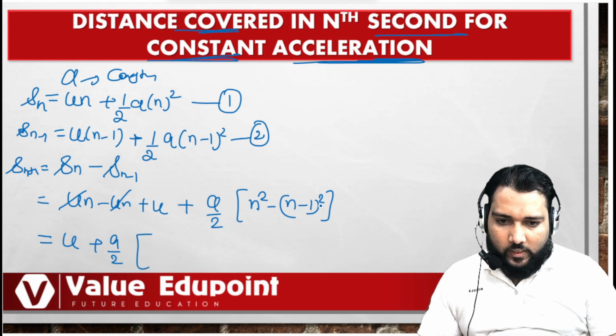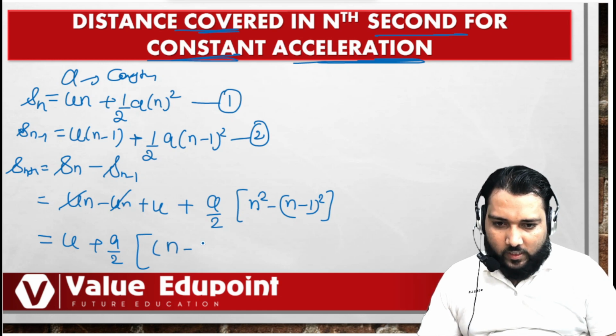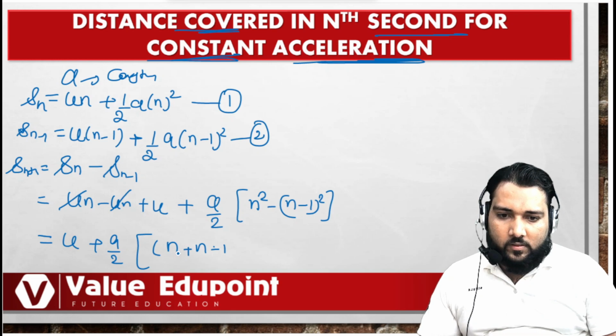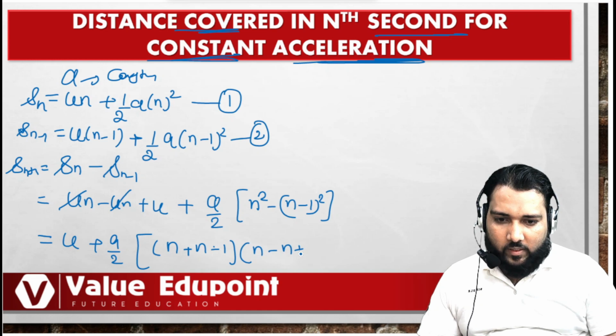So this is a square minus b square, so we can write it as (a plus b) times (a minus b). This is the a plus b, and this is the a minus b. Here 1 is remaining, so 2n minus 1 comes.